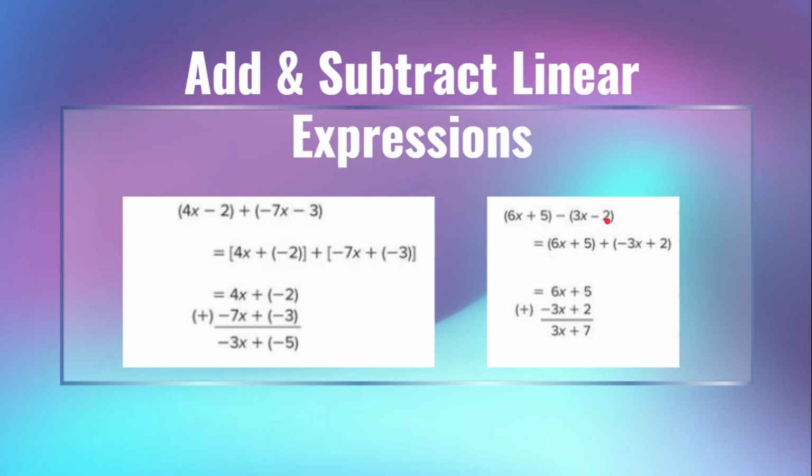Next, we arrange the terms in columns like we did in the previous example. So we have 6x plus negative 3x, and we arrange the constants in columns, 5 plus 2. We now add. So 6x plus negative 3x would be 3x, and then 5 plus 2 would be 7.